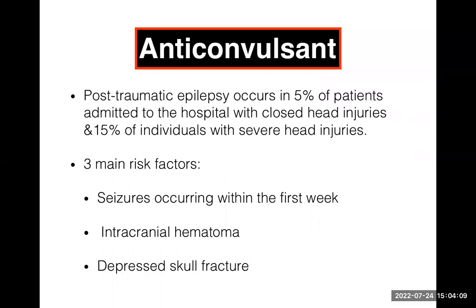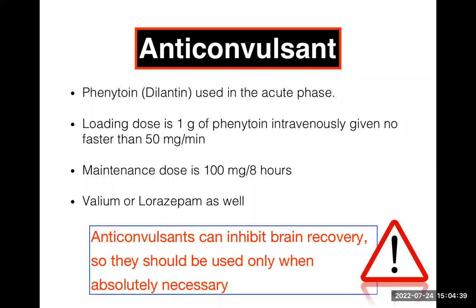Anticonvulsant is used because it is assumed that post-traumatic epilepsy occurs in about 5% of patients admitted to the hospital. There are 3 main risk factors that predispose to the use of anticonvulsant: seizures occurring within the first week, intracranial hematoma or hemorrhage, or depressed skull fracture. So these are the indications for us to use an anticonvulsant.